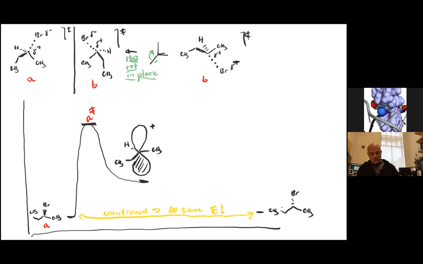And then we can draw path B, and what I need to think about is the position of B double dagger with respect to A double dagger. Is it higher, lower, or the same? Because those two transition states are enantiomeric, it is identical. Okay, and so we put it at the same level.